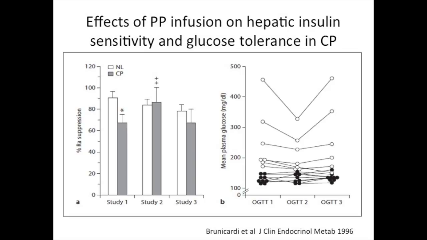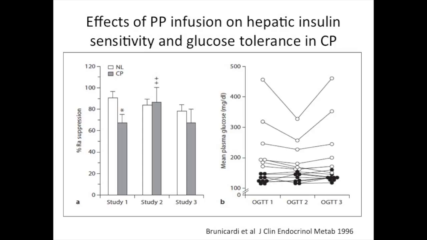It was restored to normal by PP infusion and then reduced again a month later. When glucose tolerance was examined in these same patients and controls, in this figure, all of the open circles are patients who had diabetes or impaired glucose tolerance. The closed circles are all of the normal glucose tolerance patients.